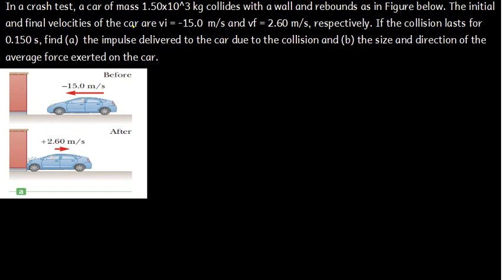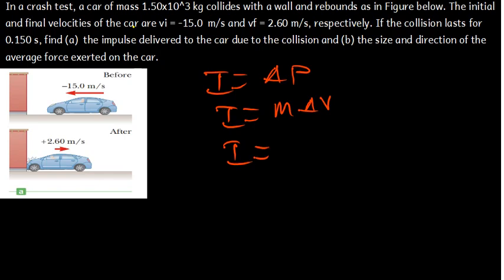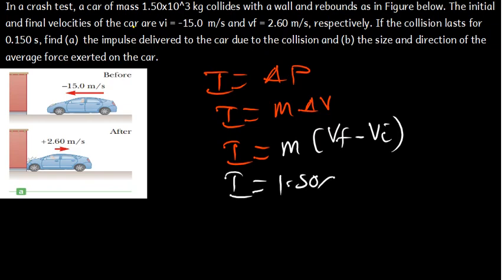Now the question is find the impulse. Remember, impulse is equal to change in momentum, so the impulse is the mass times the change in velocity. So the impulse is going to be the mass, open brackets, the final velocity minus the initial velocity. The mass is 1.50 times 10 raised to the power 3, open brackets.